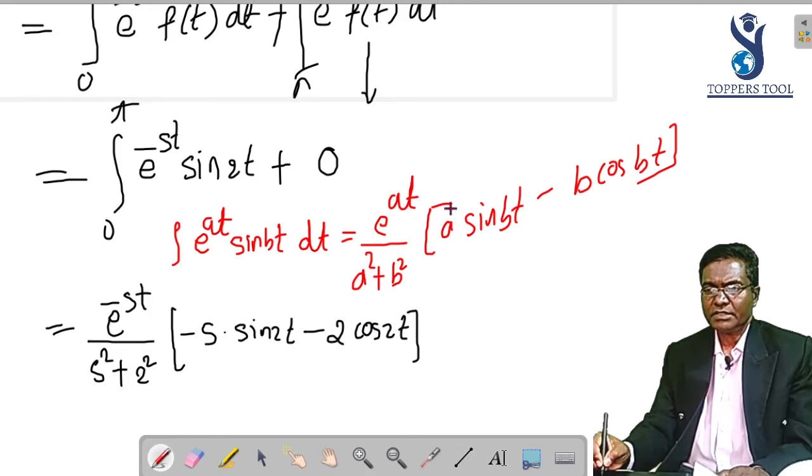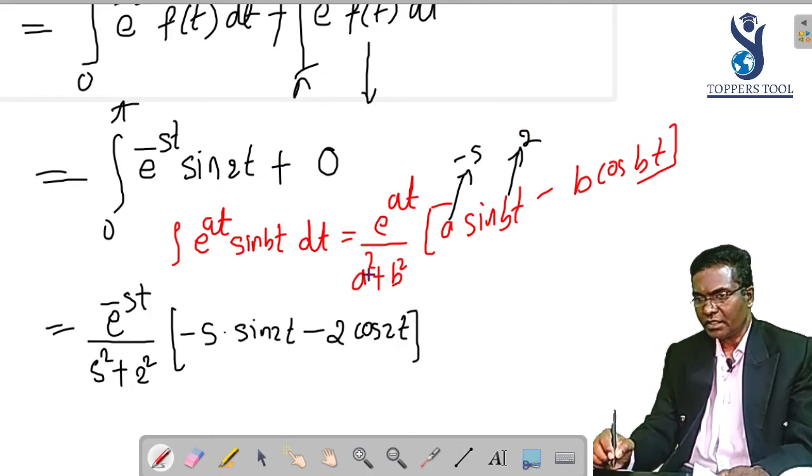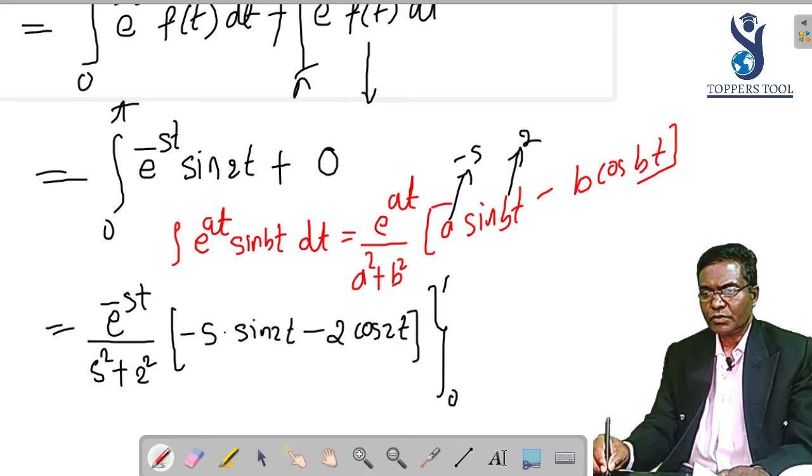Because here a stands for minus s and b stands for 2. And the limits are 0 to pi.